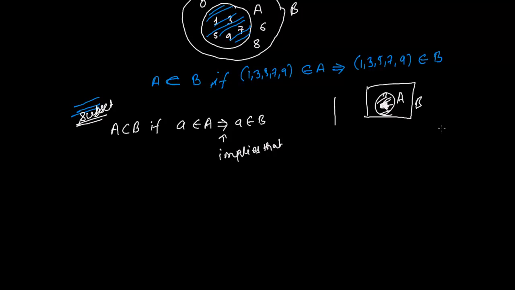And one more thing I want to tell you: we have already learned about the empty set, right? Empty set means a set in which there is no element at all, or you can say phi.